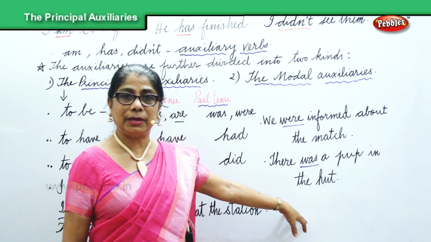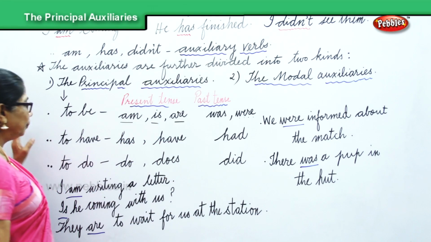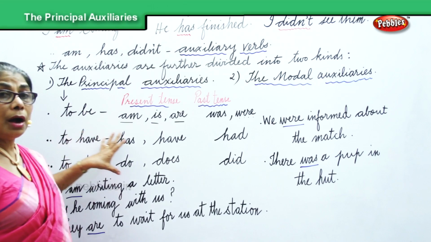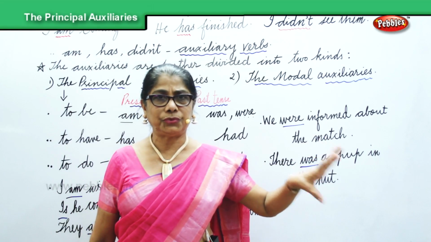The principal auxiliaries. Now we are going to look at to have and to do, and how these verbs are used.